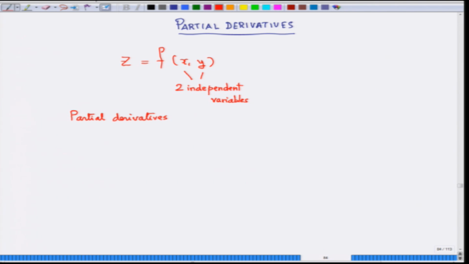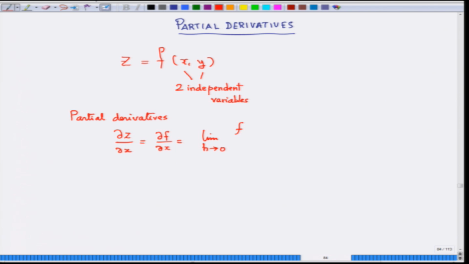So, when I am talking about the partial derivative with respect to x, which I symbolize as del z del x, which is also written as del f del x, how do I define this? I define it same as the one I have known already, but what I do is I hold y constant. I think that it is a constant, a number, so I do not have to bother about its differentiation, right.